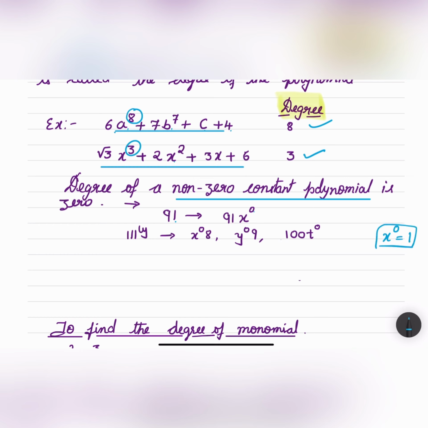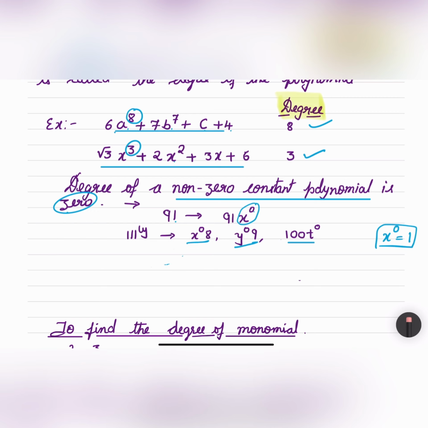We don't have the variable in this case. And if we are having a variable, we take it as x to the power 0, here 8x to the power 0, 9y to the power 0, 100t to the power 0. So these constant polynomials have the degree 0.